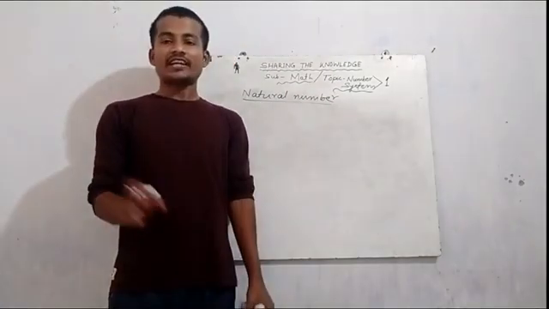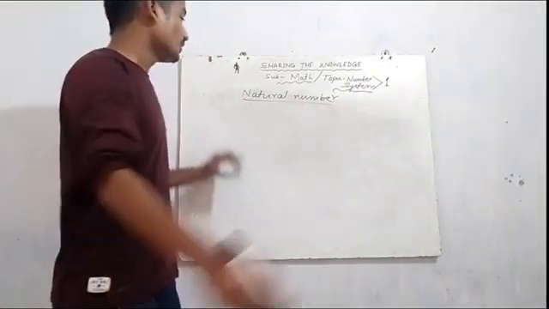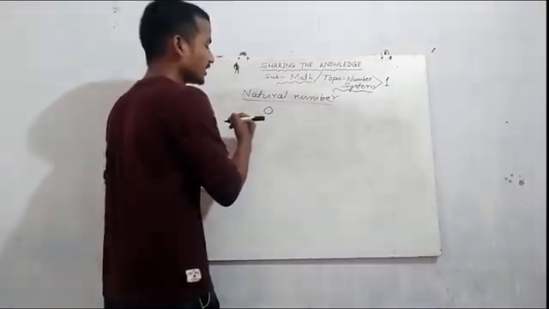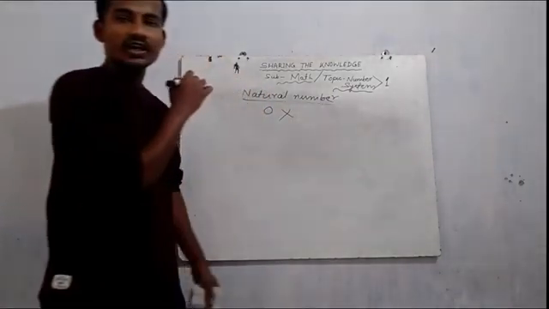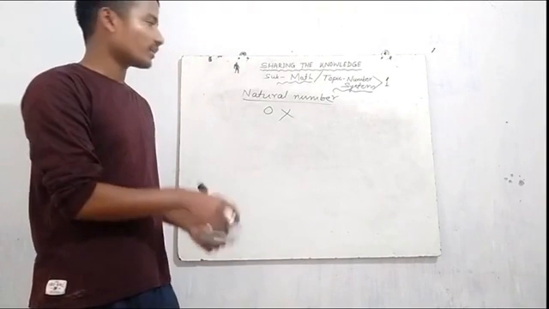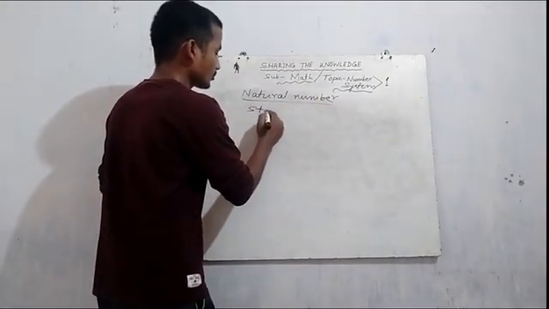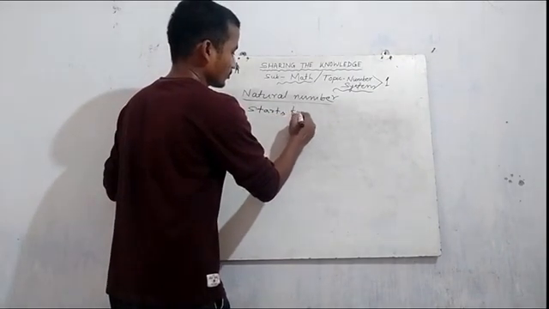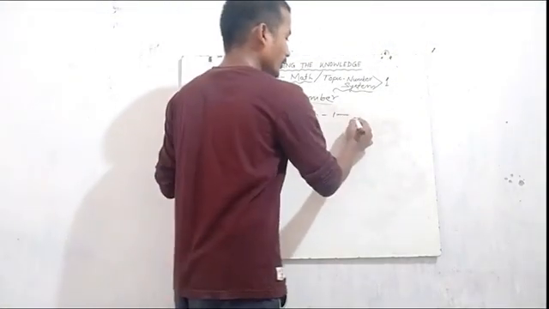You don't know what the largest number is. Starting from 1, all the numbers except 0. So 0 is not included in natural numbers. Natural numbers start from 1 up to infinity.